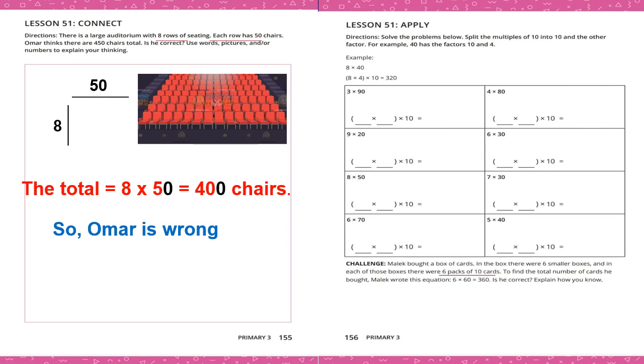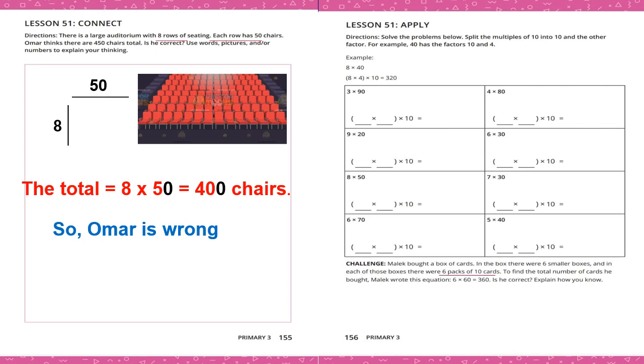Solve the problems below. Split the multiples of 10 into 10 and the other factor. For example, here I have 40. What are the factors of 40 by using the multiples of 10?